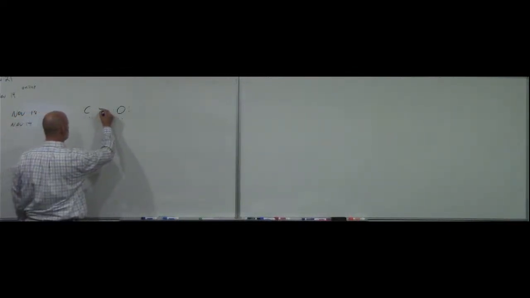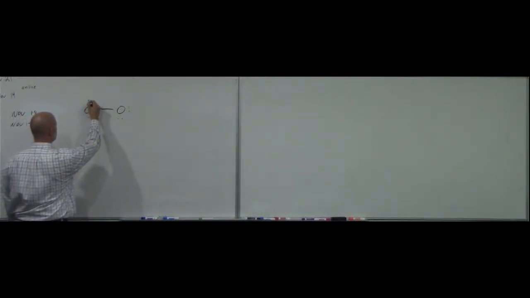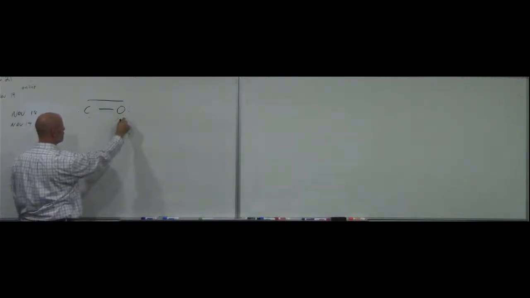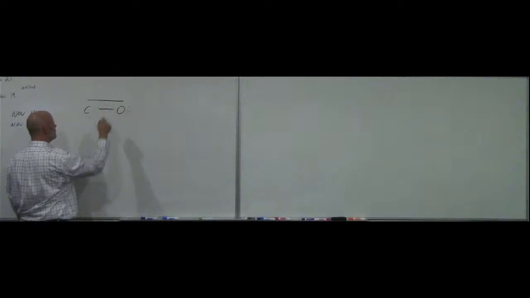So you know there's going to be one bond. No problem. But nobody's satisfied, so I need to have another bond. Now, it's weird because oxygen is satisfied: 1, 2, 3, 4, 5, 6, 7, 8. But carbon is not.